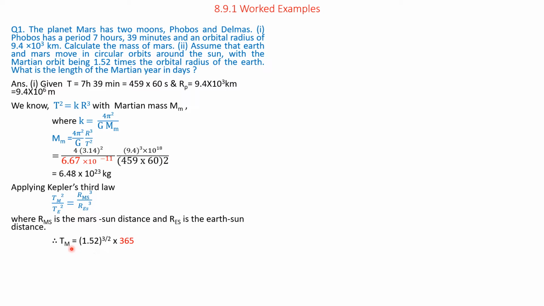Therefore, putting the values, Tm is equal to 1.52 to the power of 3 by 2 into 365. That becomes 684 days.